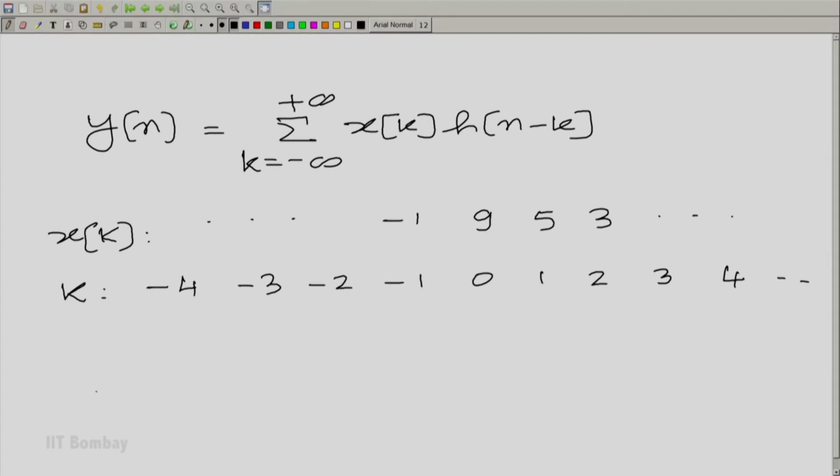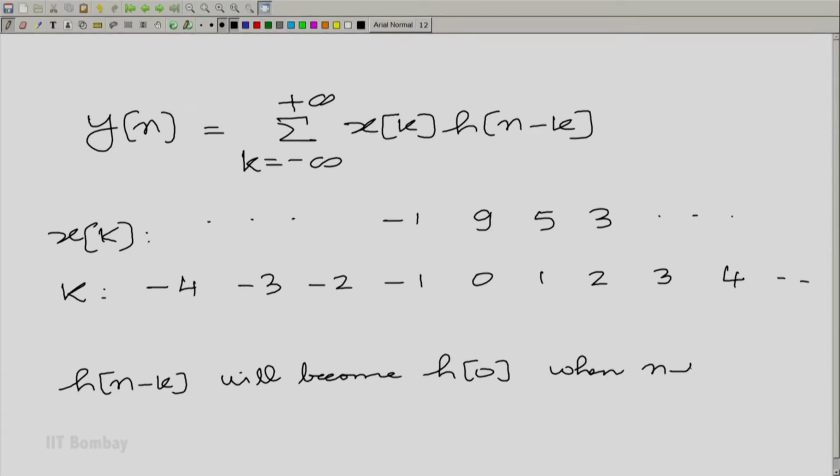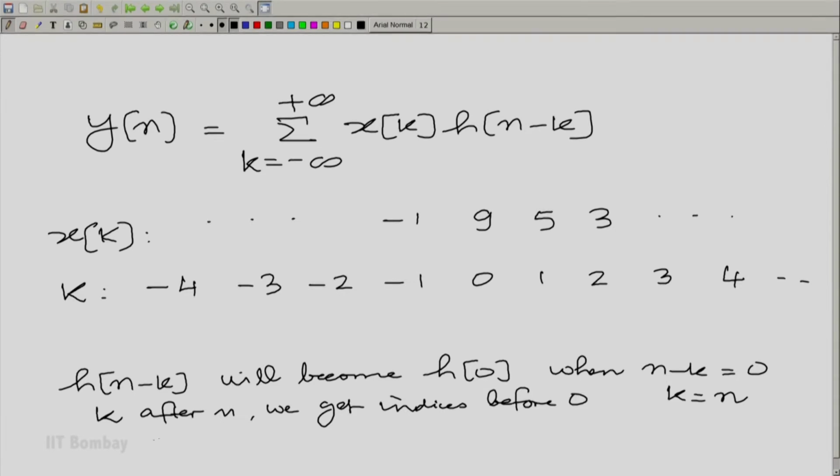You see, h of n minus k will become h0 when n minus k is 0, or k equal to n. When we increment k, so for k beyond n, we get values before 0, and correspondingly for k before n, we get indices after 0.